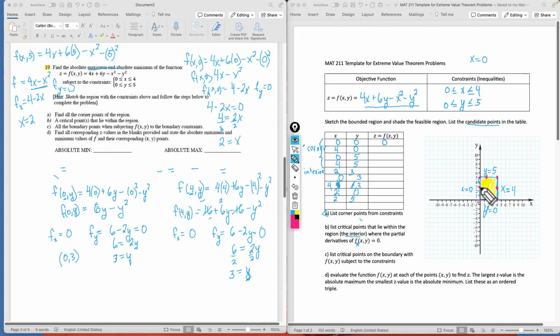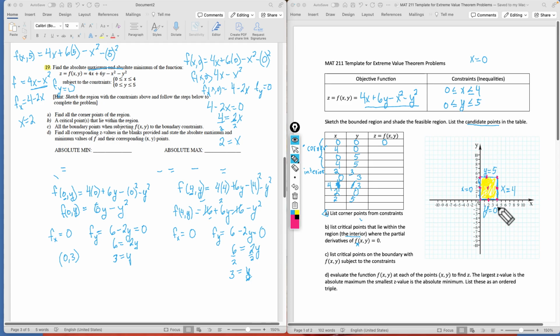And (0, 3) is another potential point for a maximum. And then in the interior, (2, 3). That could be. I don't know what it really looks like, but that might be the maximum. So those are all the points we came up with. They're all potentially maximums or minimums.